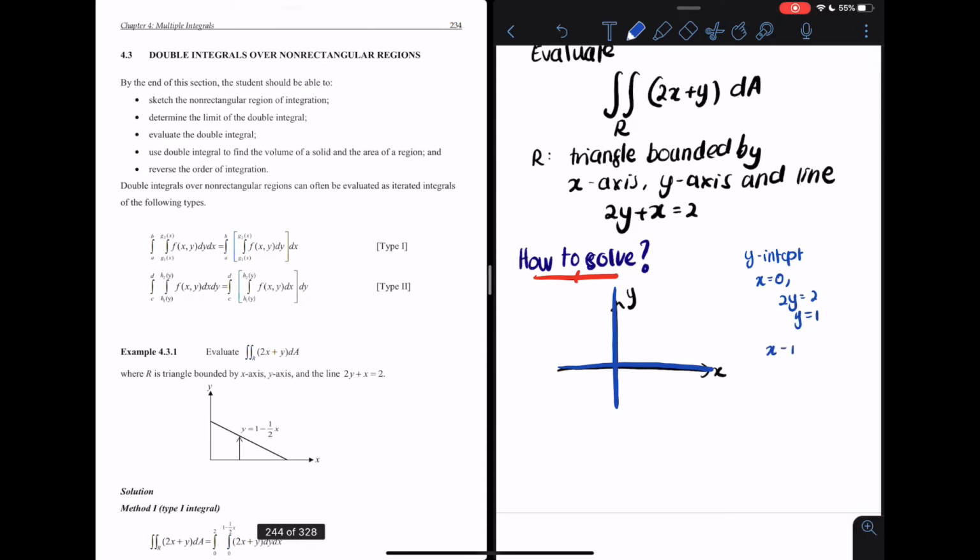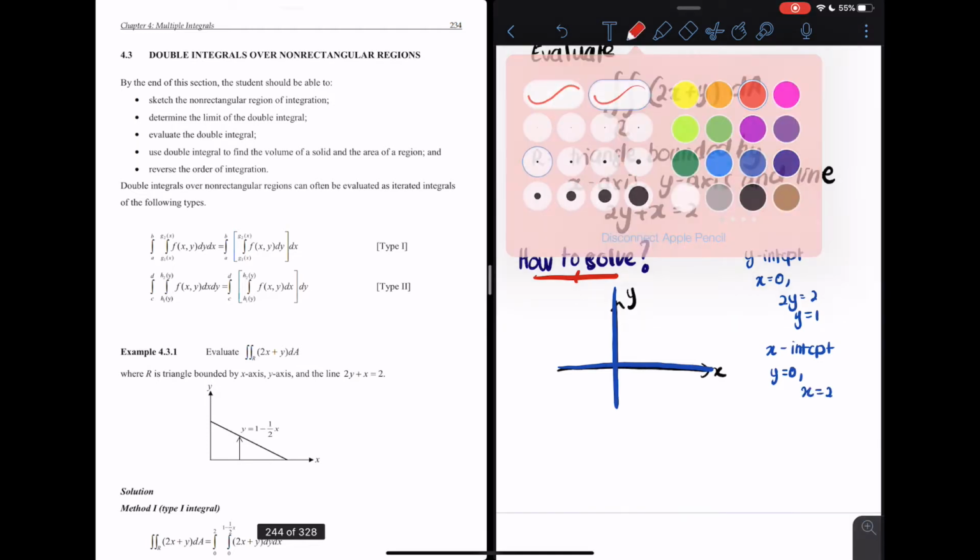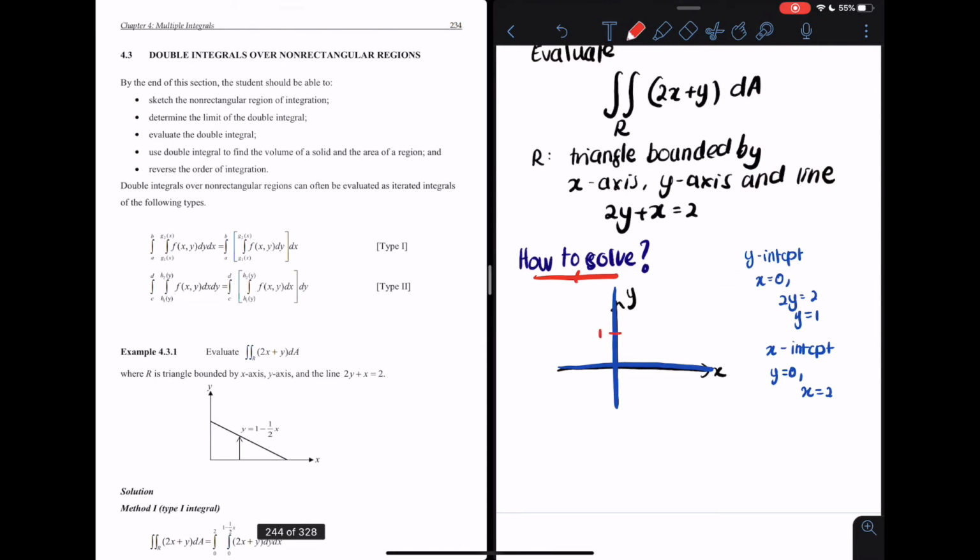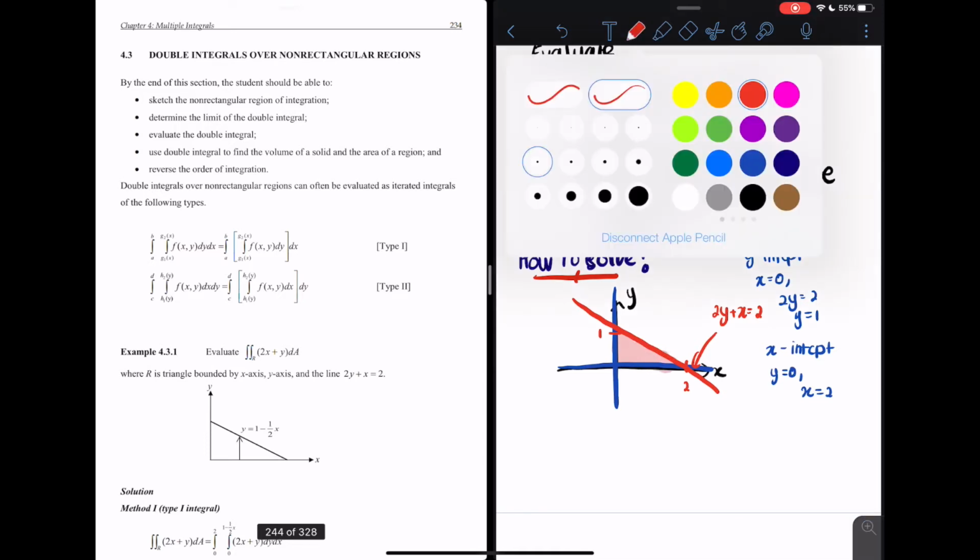The x-intercept can be obtained by letting y equal 0, then you get x is equal to 2. So this is y equal to 1 and this is x equal to 2. Therefore, this is a straight line given by 2y plus x is equal to 2. According to this description, I know that this is my region R.